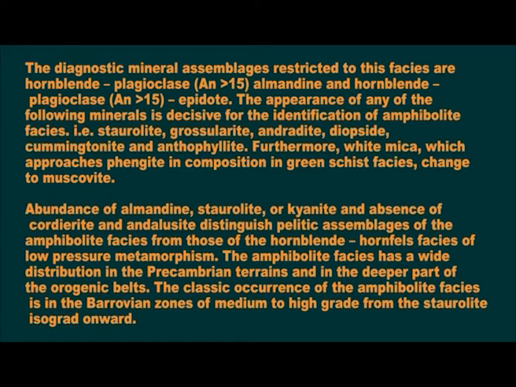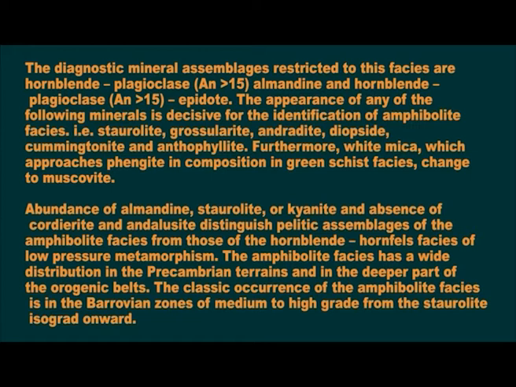Furthermore, white mica, which approaches phengite in composition in greenschist facies, changed to muscovite. Abundance of almandine, staurolite or kyanite and absence of cordierite and andalusite distinguish pelitic assemblages of the amphibolite facies from those of the hornblende hornfels facies of low pressure metamorphism.